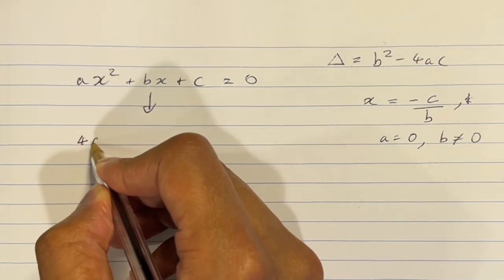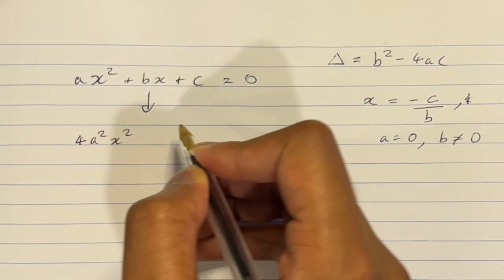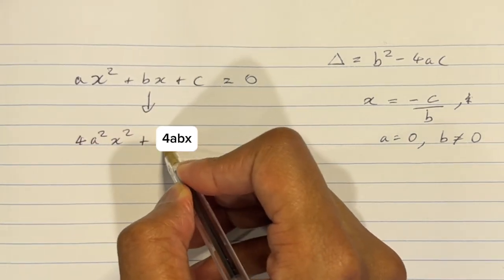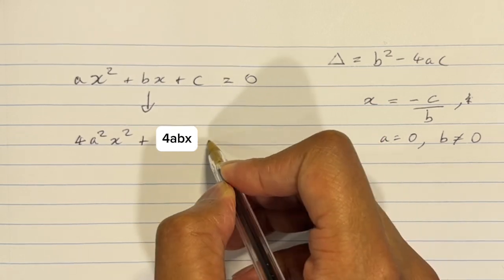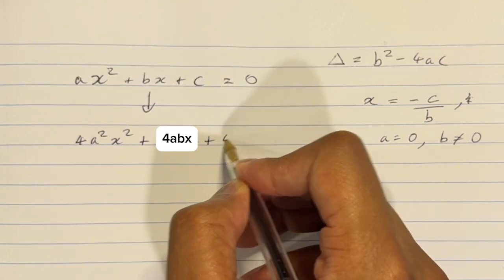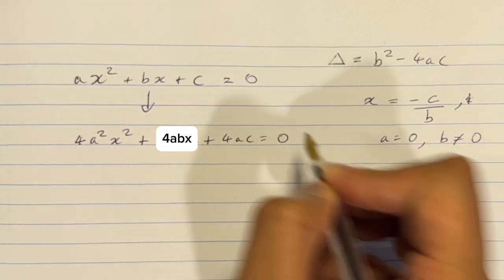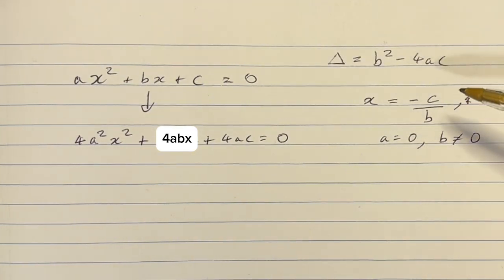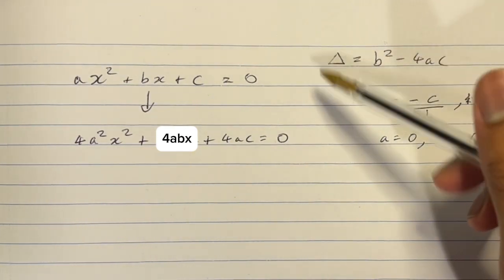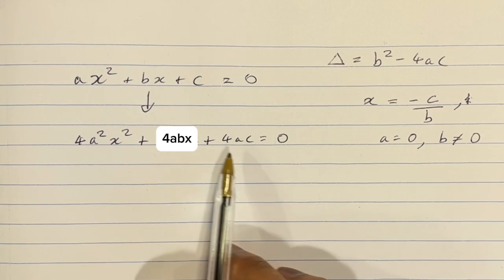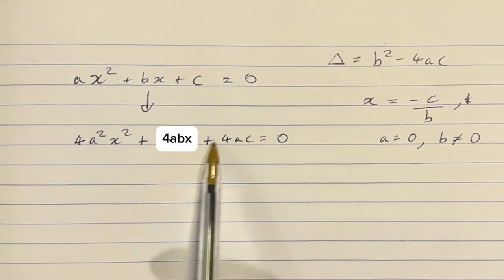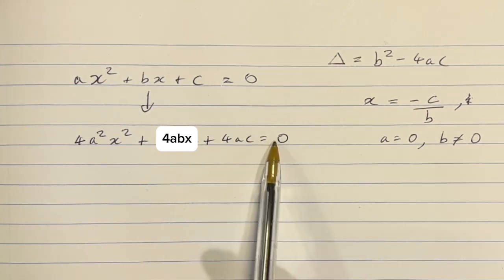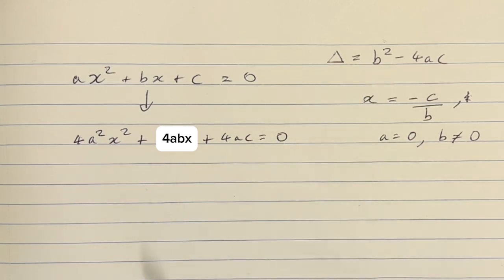So we get 4a squared x squared plus 4abx plus 4ac equals 0. Okay. Now, what we're aiming for is something of this form. Because we have a plus 4ac, we want to subtract this from both sides, and then we're going to add b squared to both sides.